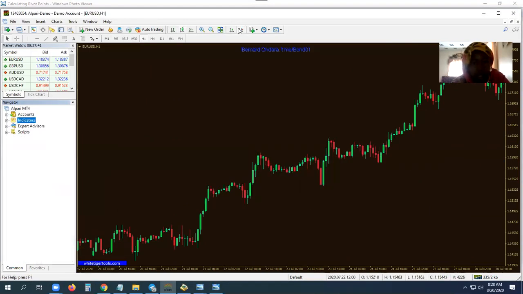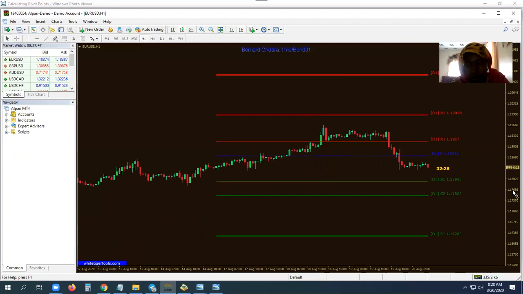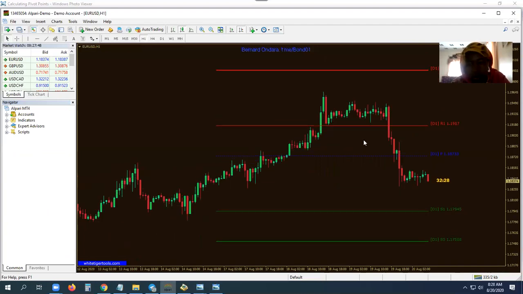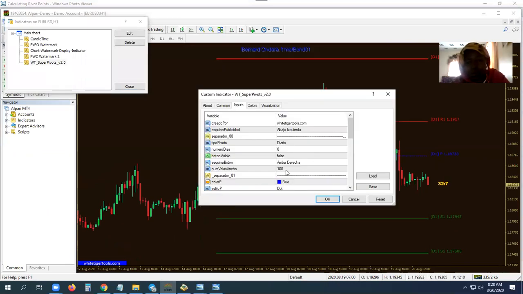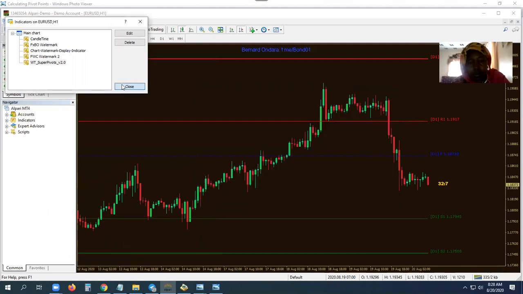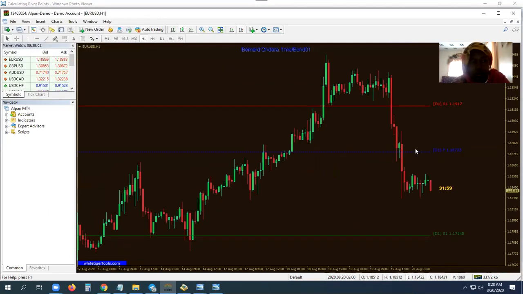Now look at this indicator. It's also drawing pivot points, but they look better to me. Let me make it produce more levels. I don't know whether it's 100 or 1000. Yes, you see, I can adjust it to display, and they look neater than those that were curving.